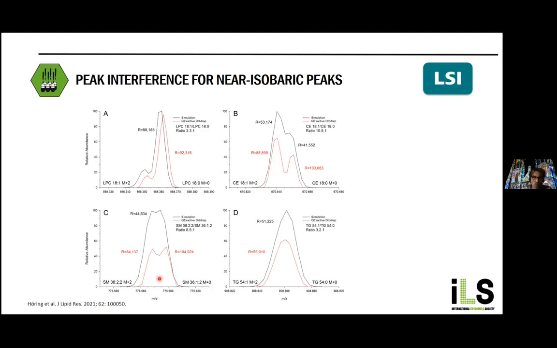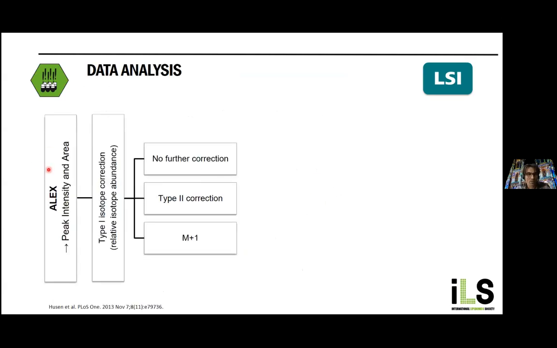This is a peak interference, maybe related to the peak deconvolution algorithm in the FTMS. Marcus therefore tried different calculation methods or quantification methods, which means he used these peak intensities without further correction.